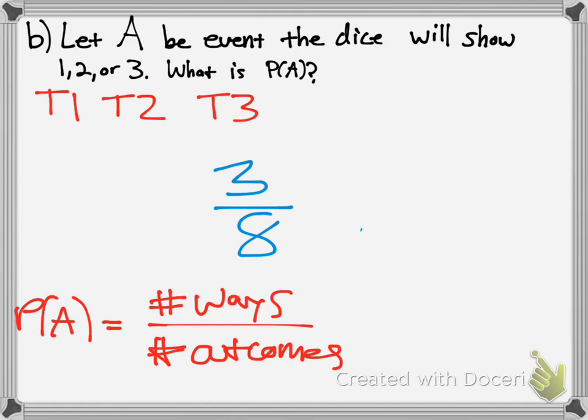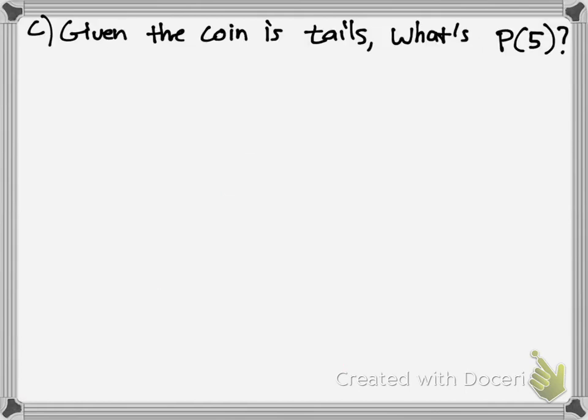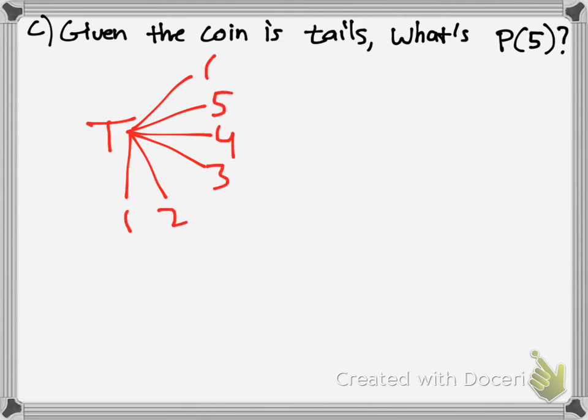Okay. So let's go to this next one. Given that the coin is tails, what's the probability of rolling a 5? Remember, you already flipped a tails, so you know you didn't get heads. What are the options? Well, you actually have 6 options: 1, 2, 3, 4, 5, or 6.